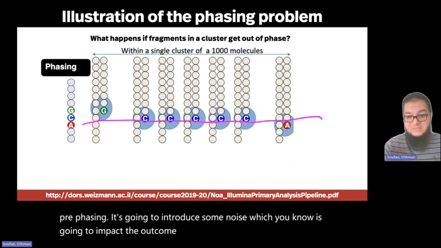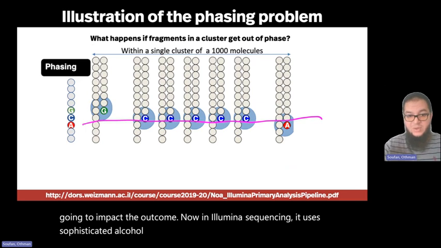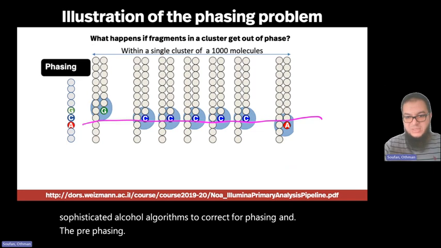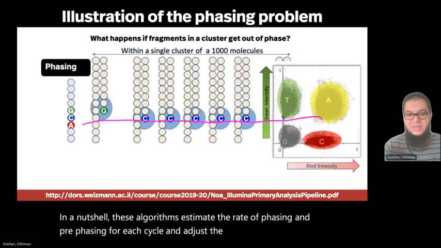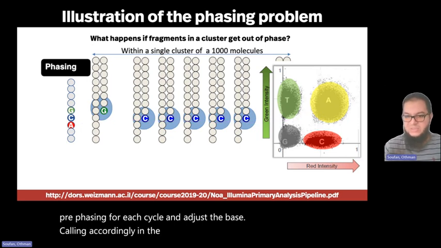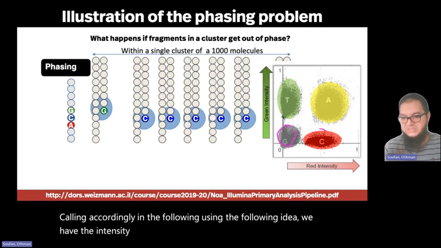Now, Illumina sequencing uses sophisticated algorithms to correct for phasing and pre-phasing. In a nutshell, these algorithms estimate the rate of phasing and pre-phasing for each cycle and adjust the base calling accordingly, using the following idea. We have the intensities of G's, C's, A's, and T's.